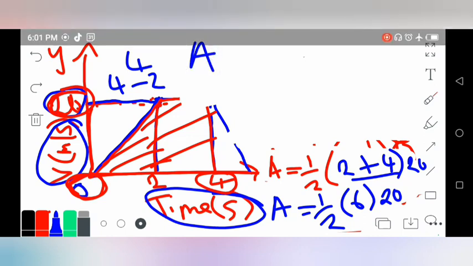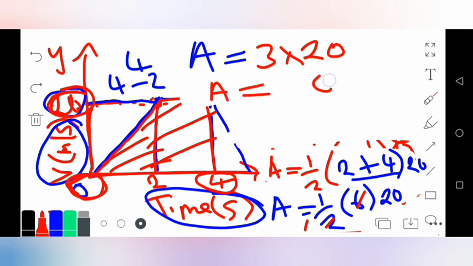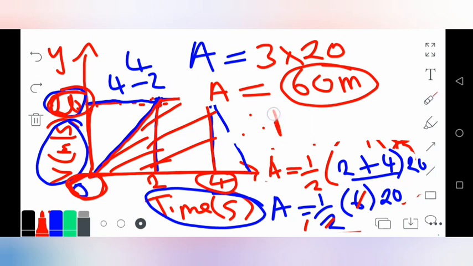Half, divide by 2: 2 into 2 is 1, 2 into 6 is 3. So we have 3 multiplied by 20, and our area is equal to 60 meters. Now remember, we are not actually finding the area, but this area is concluded as the distance, therefore the distance is equal to 60 meters.